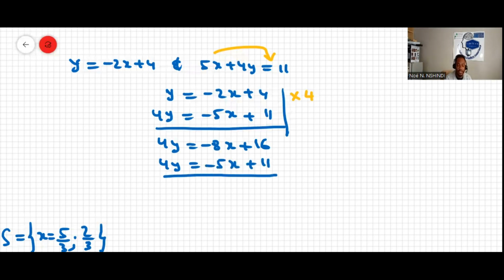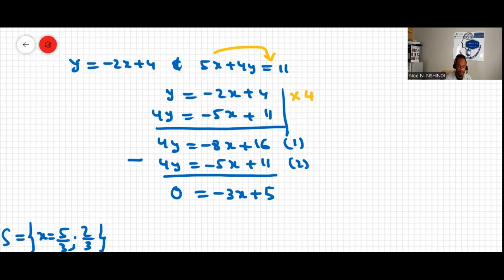Now we can do our equations. This was equation 1 minus equation 2. We subtract the two equations here. 4y minus 4y makes 0 equal to negative 8x minus, we make it plus, so that means negative 3x. And then 16 minus 11 makes positive 5.